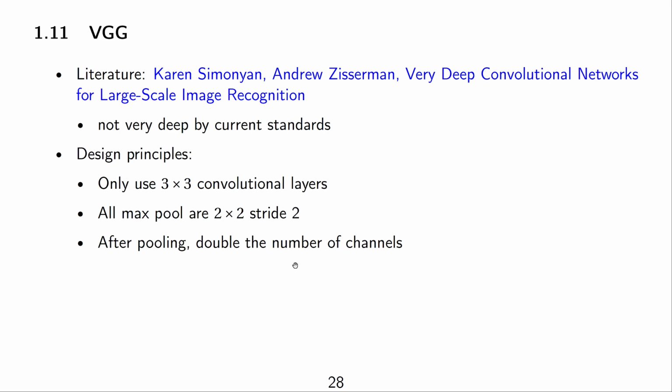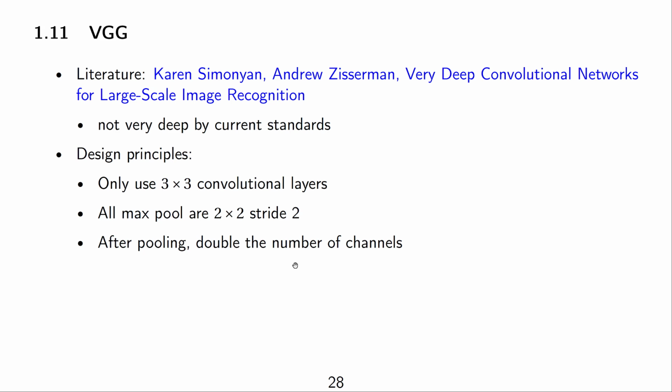So this can be argued by looking at the information in some sense. What happens is that if we just downsample and we divide the width and the height by 2, we actually lose 75% of the information. In some sense, increasing the number of channels compensates for this loss of information.